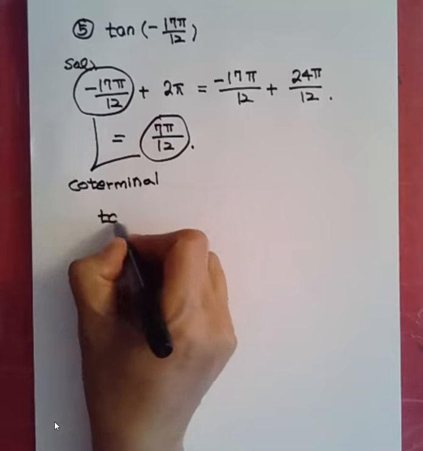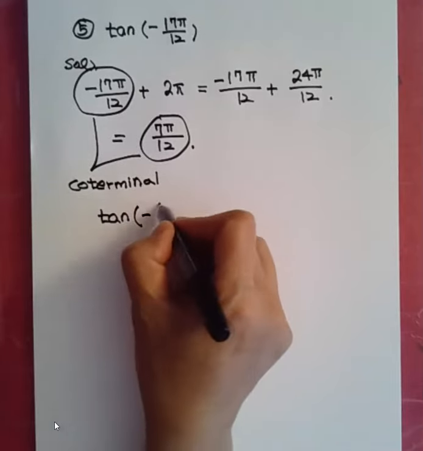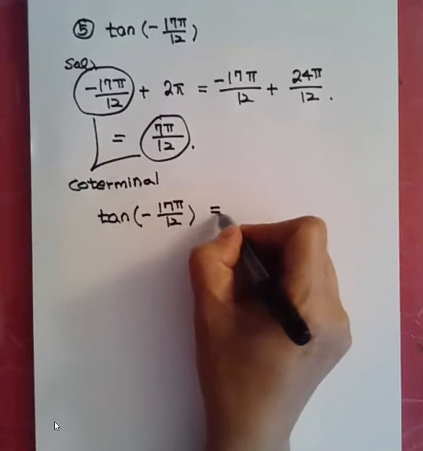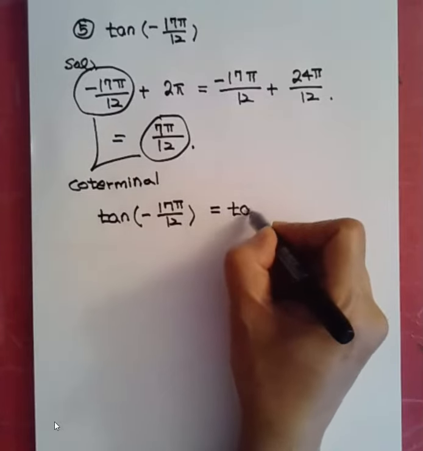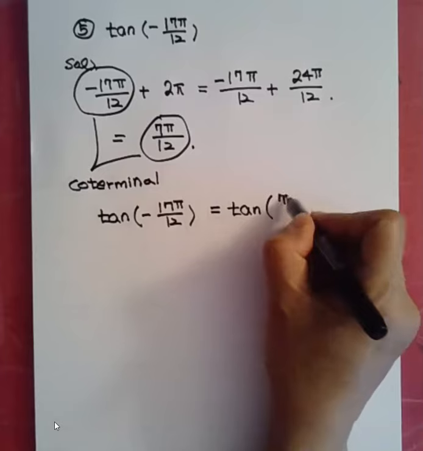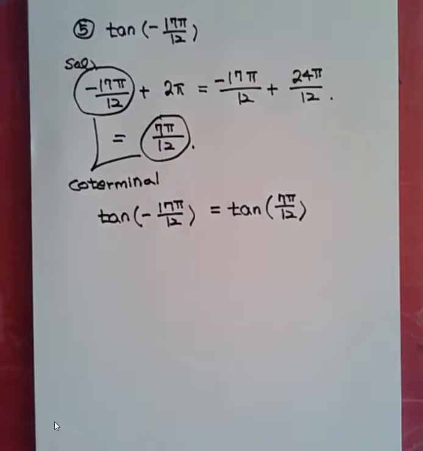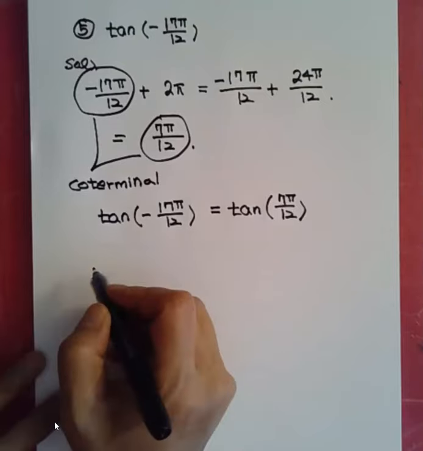That implies tangent of minus 17 pi over 12 is the same as tangent of 7 pi over 12. Therefore, we will work on tangent of 7 pi over 12 instead of the larger negative fraction with minus 17 pi over 12.